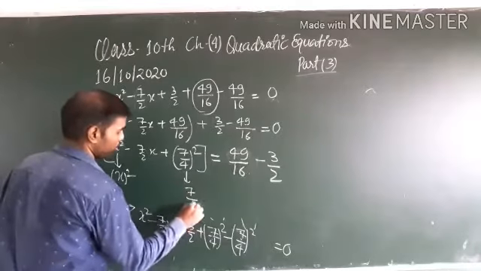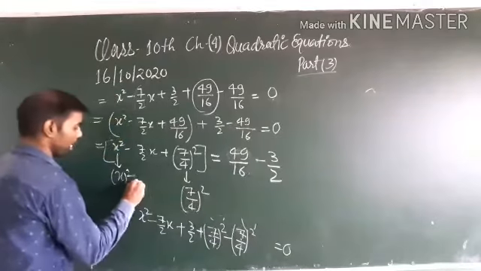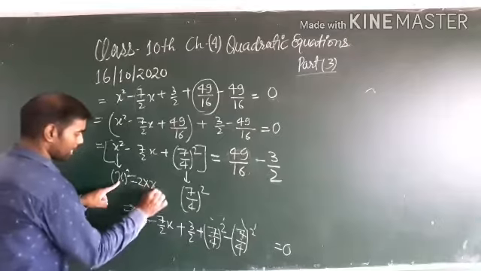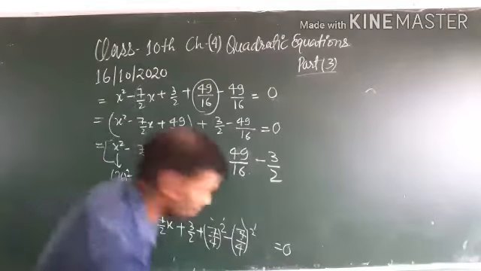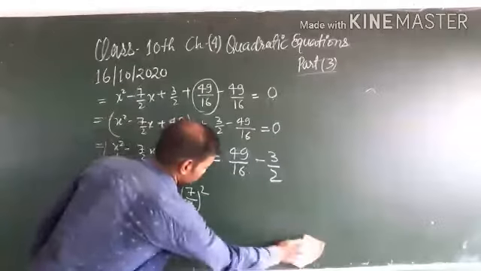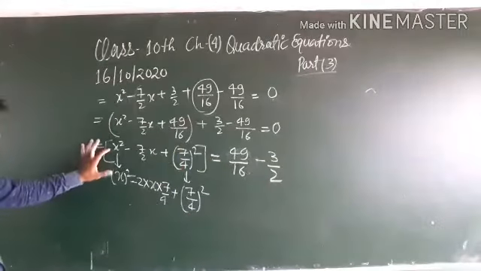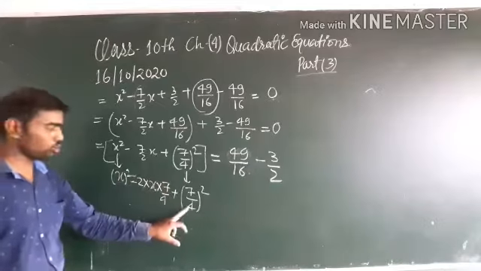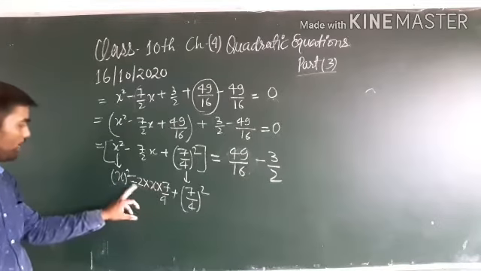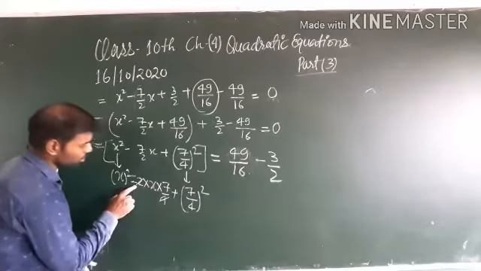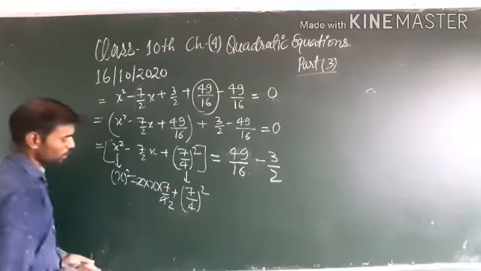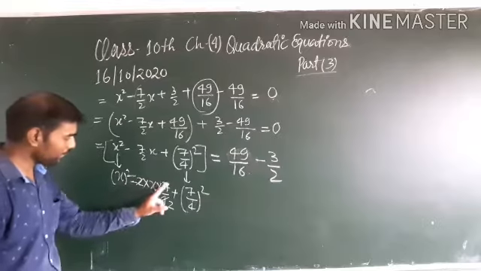That means 7 by 4 square, and minus 2 into a, x into b, 7 by 4. You can see that 2 into 2, 4 cut by 2, that is 2 times. What we get? We get x square minus 7x by 2.